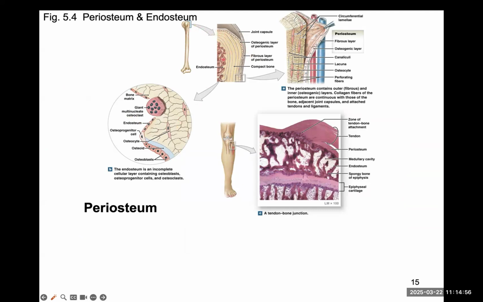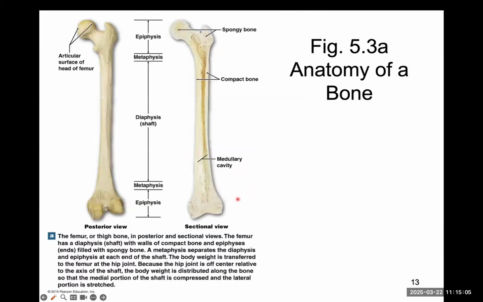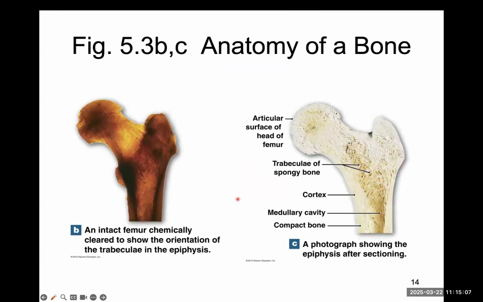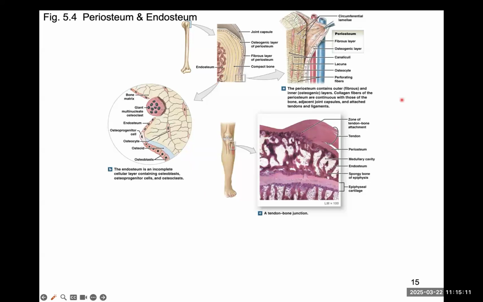So let me see if I can show you that. Let's go back to the last slide. I think you can see a little bit better. So you have the medullary cavity here, and on the outside, you have this periosteum layer.